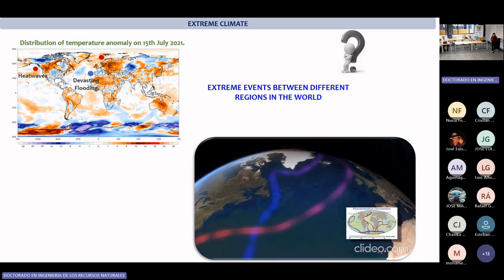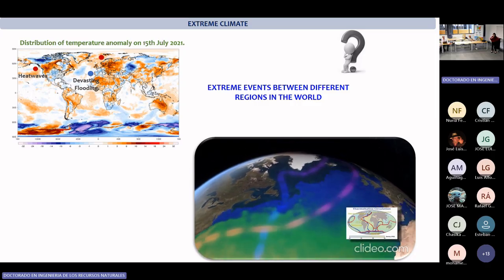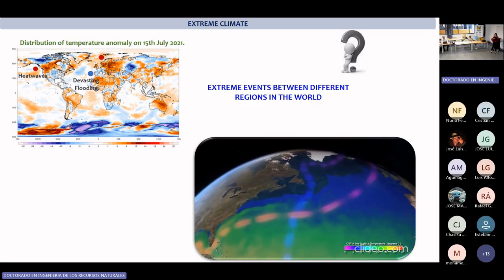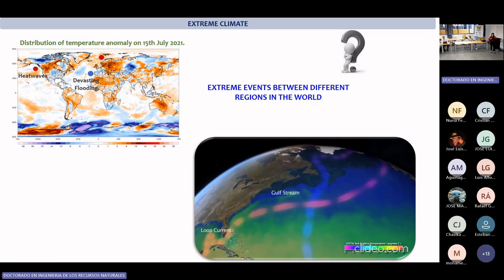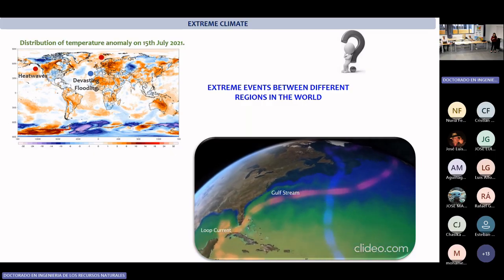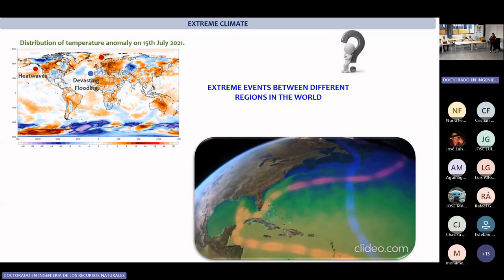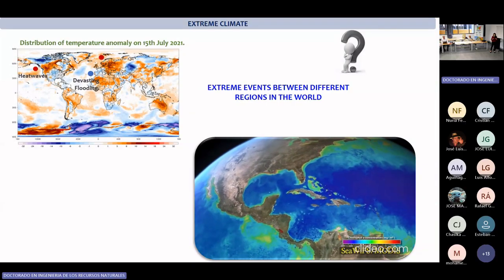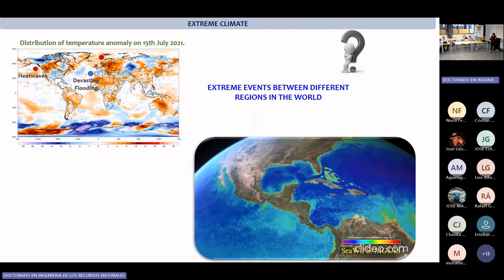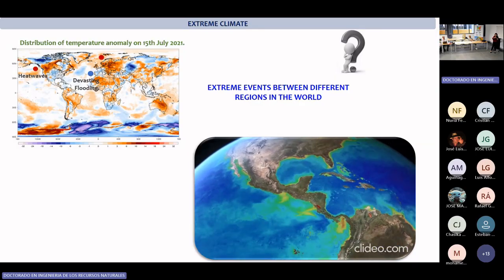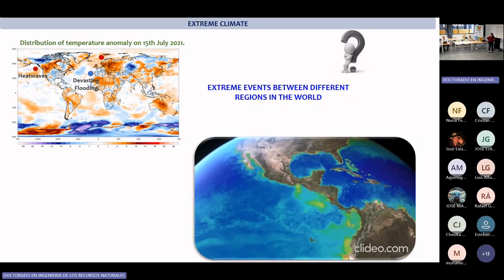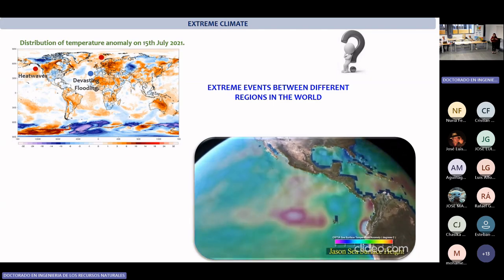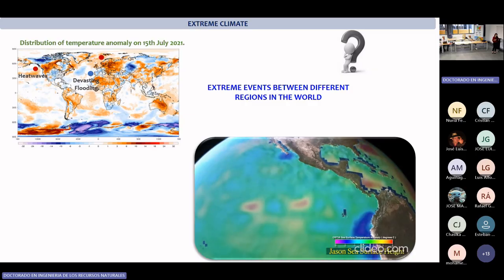The Gulf Stream is a current ensuring stability between South America and North Europe, and this current has been having problems over time in changing climates, basically the weakening of its strength and the variation of its trajectory in space. So the speed is not the same, and neither is the trajectory.